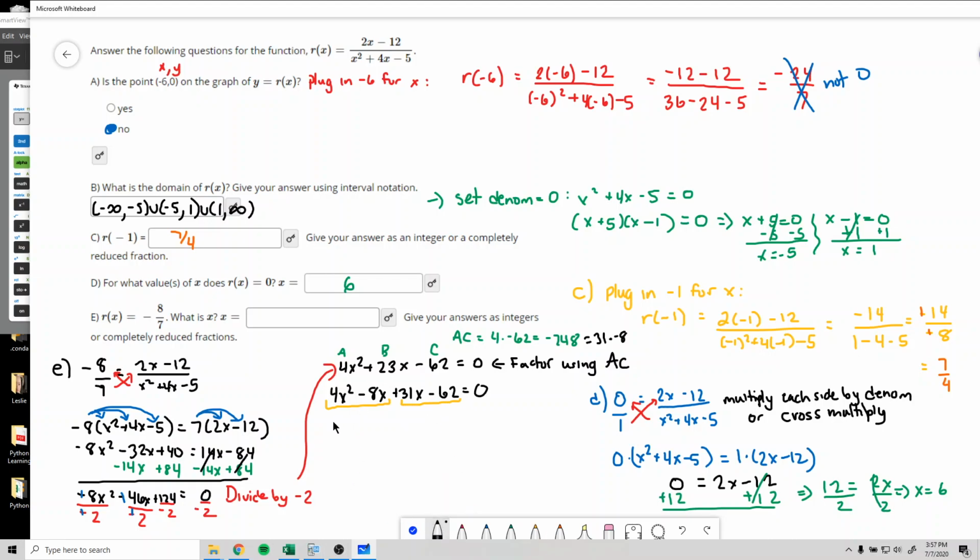Okay, so we've got a 4x in common here. We get x minus 2. The 4 is gone and one of the x's is gone. And then in the second part, what's in common with 31x and 62? It's 31. And we get x minus 2.